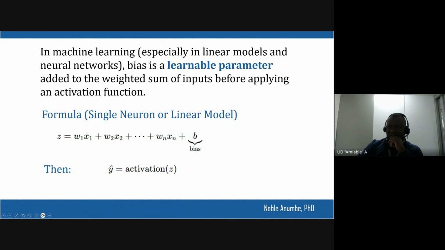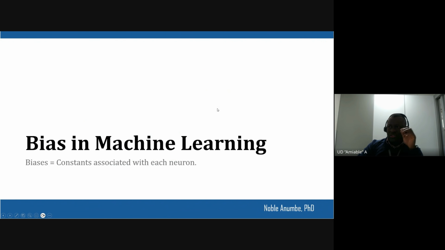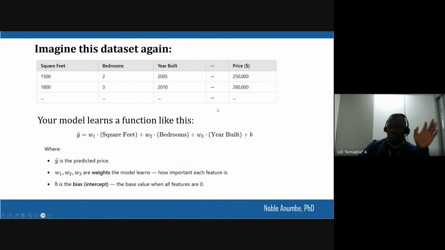Notice that I talked about W1, X1, which is what we did. Remember your X1 was like the number of rooms and all of that. So it's the same formula that we have here, and then your B is your bias. In your linear models, like what we did previously, this is okay.